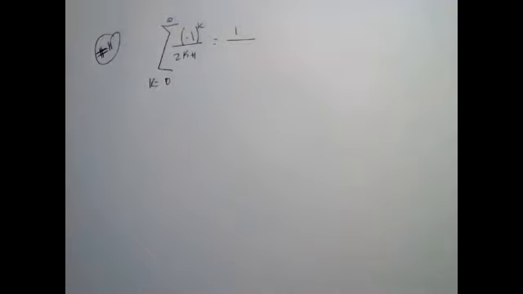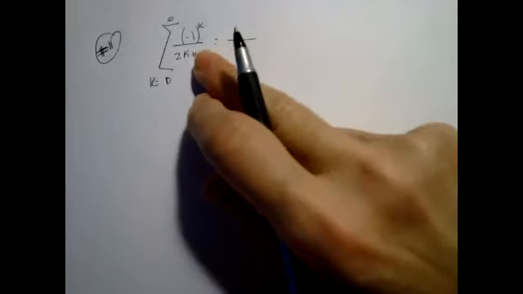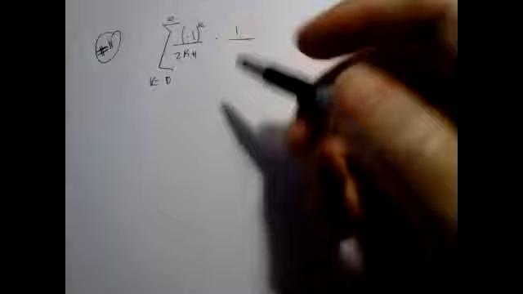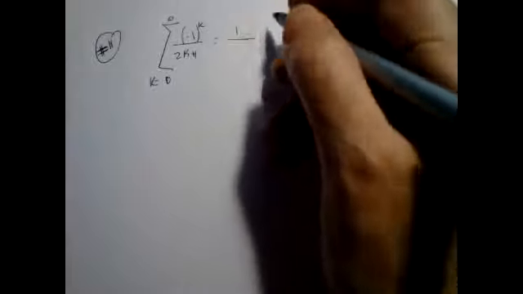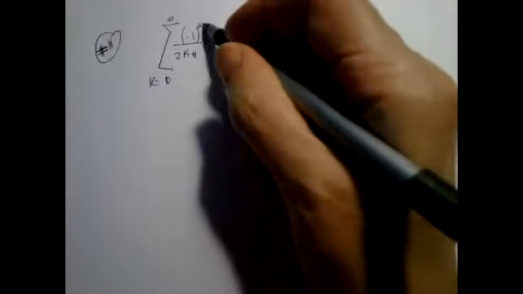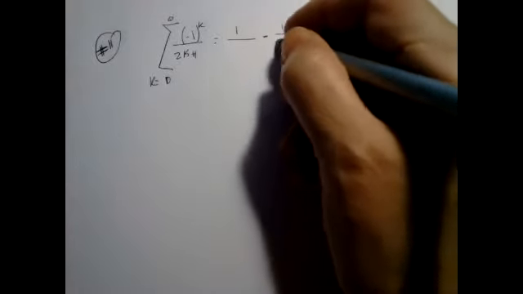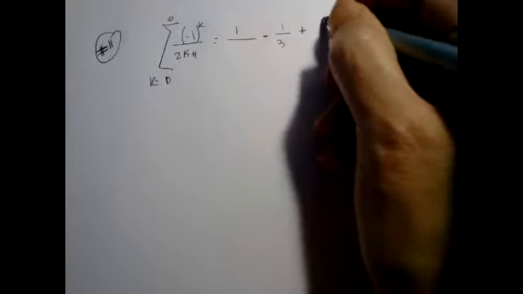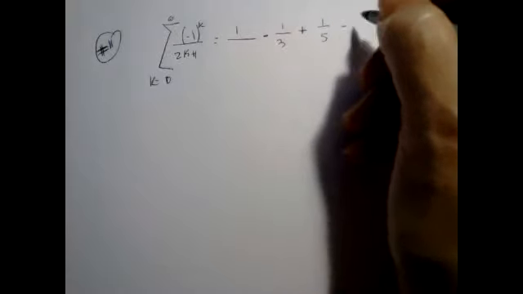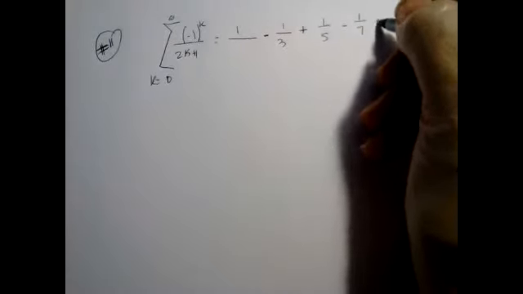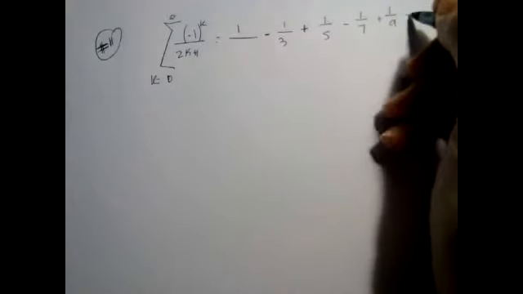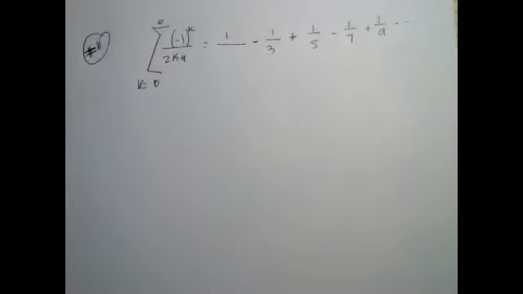It doesn't matter where k starts, those will also alternate. So at k equal to 0, we have a 1, and at k equal to 1, I will have minus 1/3, plus 1/5. So we add and subtract all the odd reciprocals, and so on and so forth.